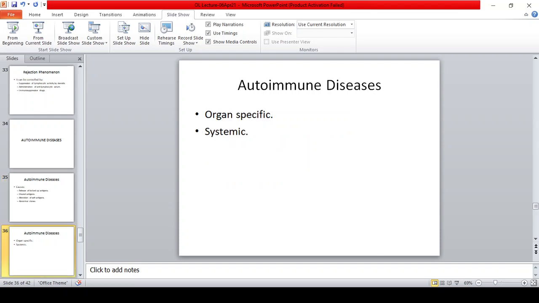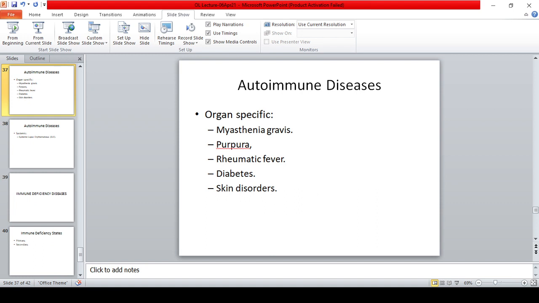The autoimmune diseases may be organ specific or systemic in nature. The examples of organ specific autoimmune diseases include myasthenia gravis, purpura, which means pinpoint bleeding spots on the skin, rheumatic fever, diabetes, and certain skin disorders.